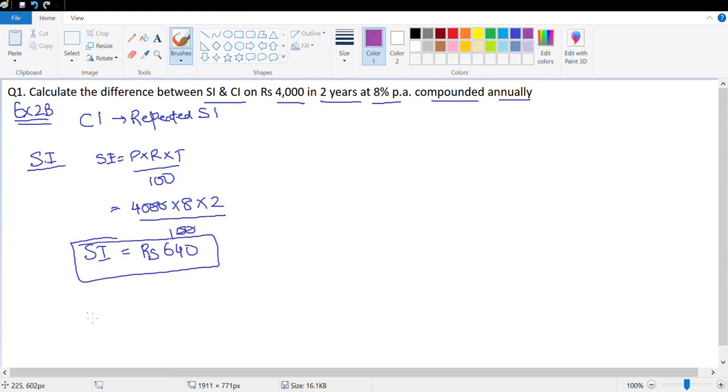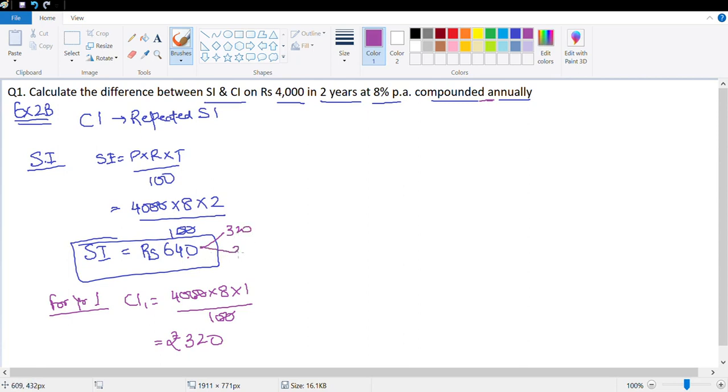Let's calculate compound interest. So it's 2 years and this is being compounded annually. So for year 1, compound interest for year 1 will be equal to principal, which is 4,000 into 8 into 1 year upon 100, which means this is equal to rupees 320. Notice this is exactly half of this. For year 1, in this case, this would be 320.